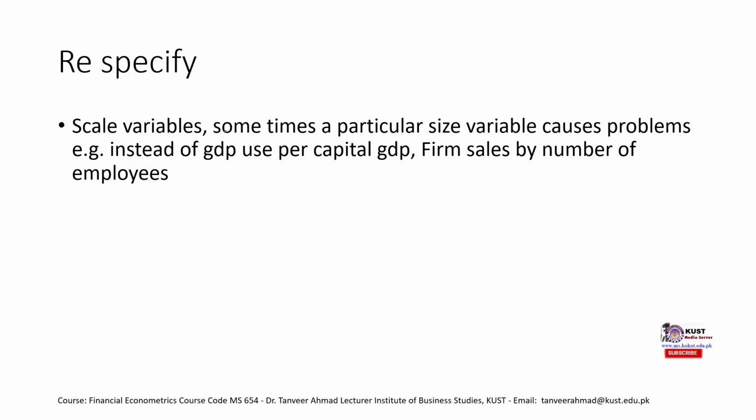The second method is to respecify. So we can scale the variable, since sometimes a particular size variable causes problems. Instead of taking GDP, we can scale it over the population, so we get per capita GDP. Or normally you would have seen in finance that some variable is divided by total assets or the number of employees. That is called scaling the variable.